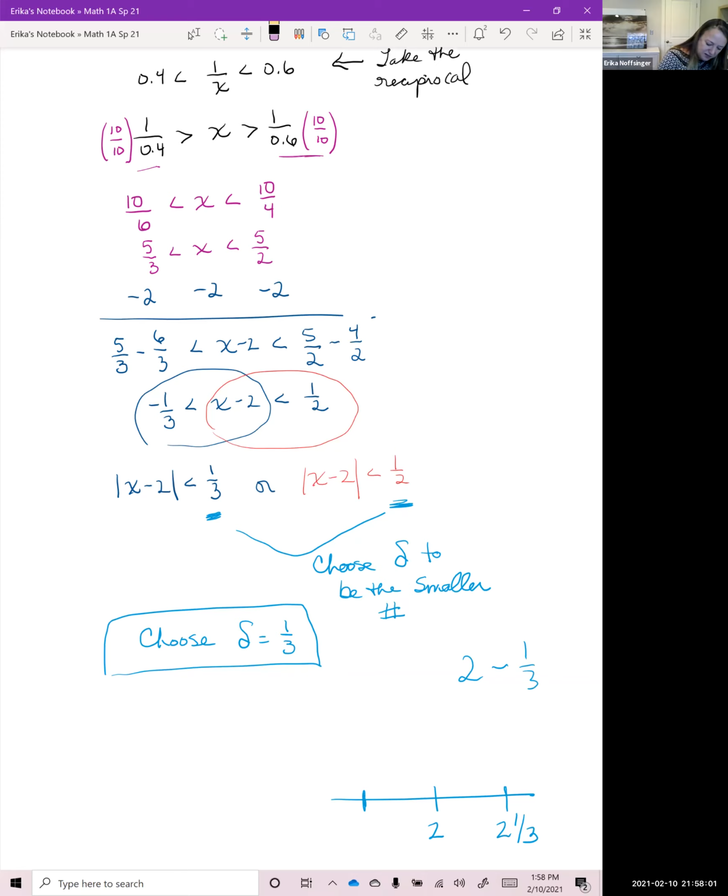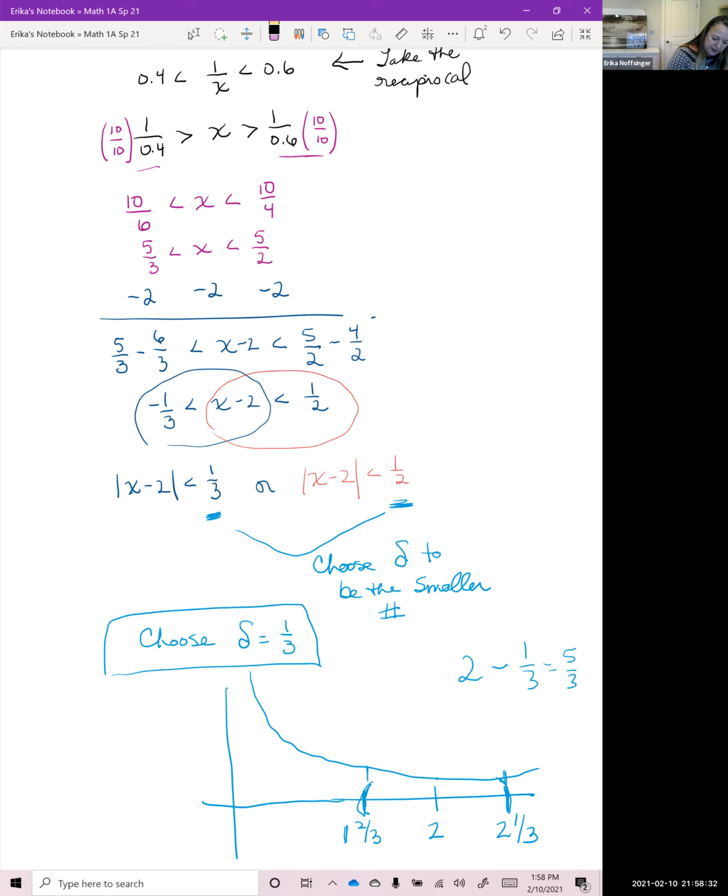So that's 5/3, which is 1 2/3. So if we find this interval, we know that on the graph, which looks something like this, that we would be able to fall within the bounds.